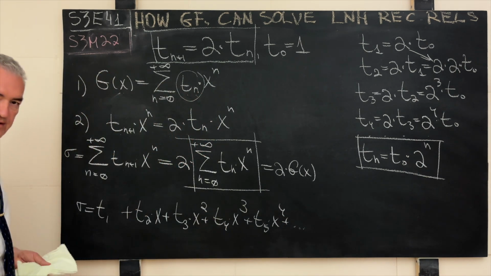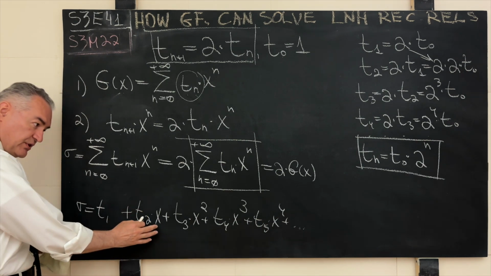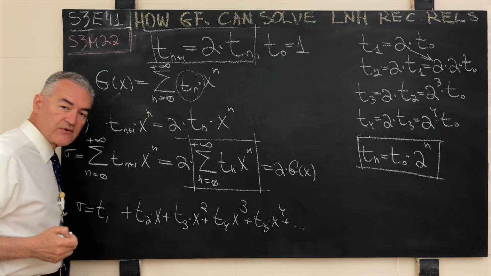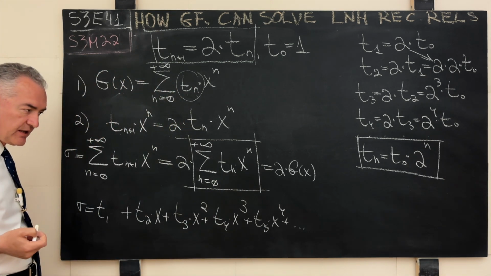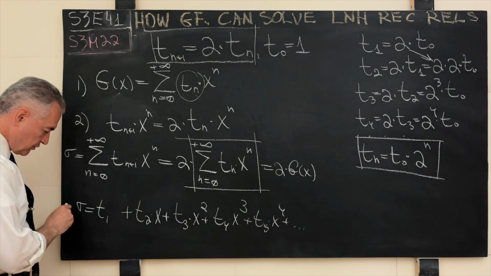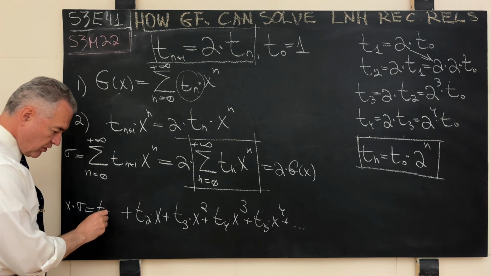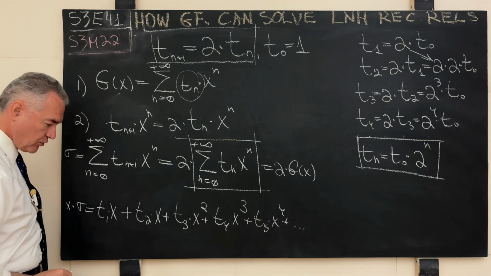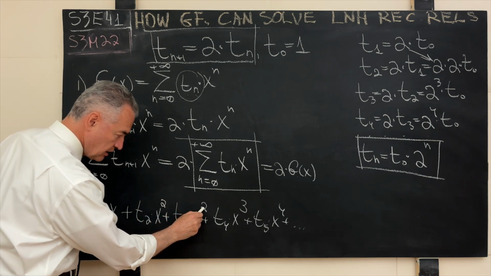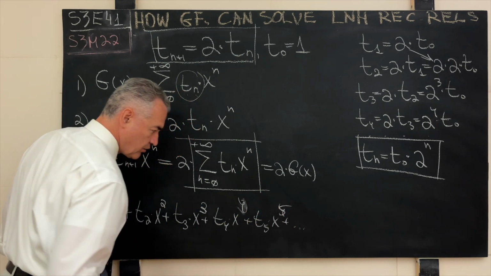So now the question is, by any which legal means, how can we manufacture from this material the material that contains nothing but our generating function g of x? Well, in this case, the situation is quite merciful. We see if we multiply our sum sigma by one copy of x like so, then t1 will gain one power of x, and all the other powers will bump up by one. Square, cube, fourth power, fifth power, and so on.